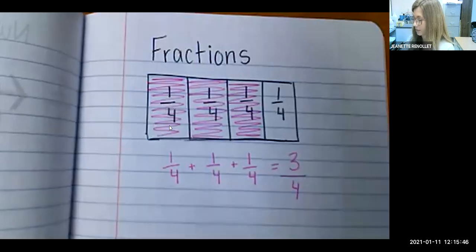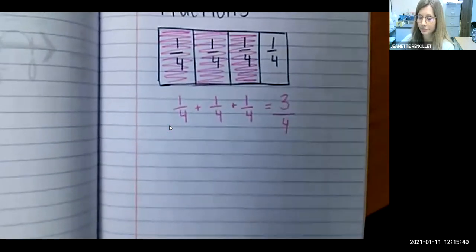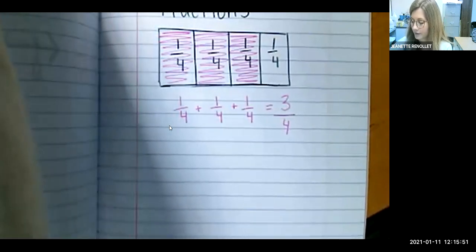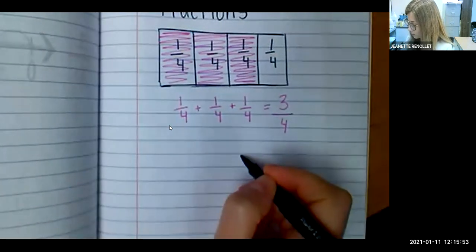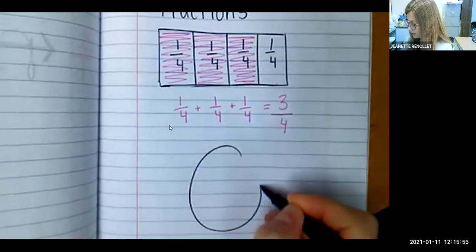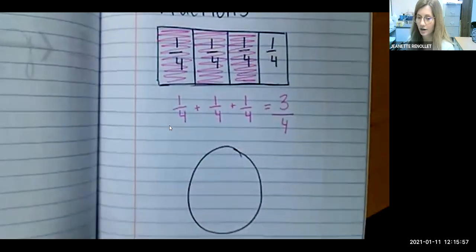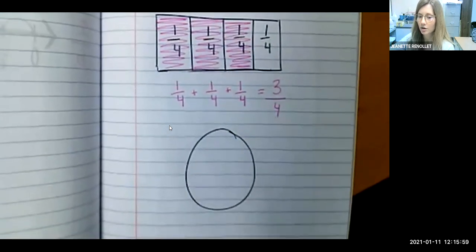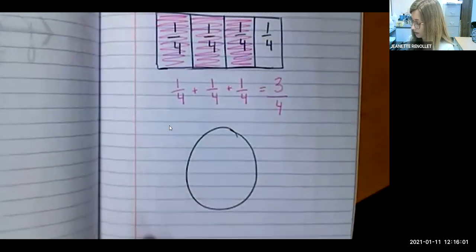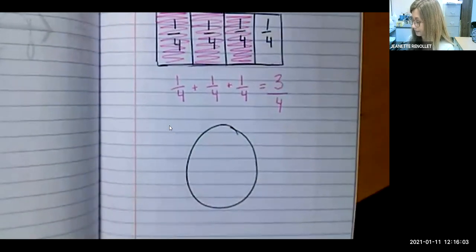Let's do a second example together. Let's pretend that we have a pizza that we are going to share. Draw a circle model with me to represent a pizza. Let's partition the pizza into thirds.